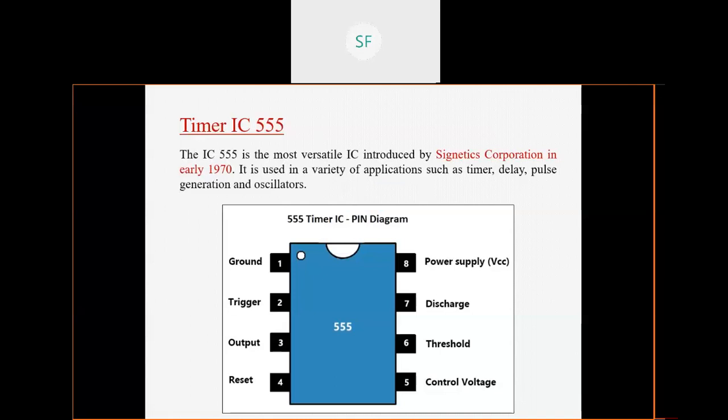It is very important. It is used in a variety of applications such as timer, providing a delay, pulse generation, and oscillators. There are many projects which are already utilizing the IC 555.